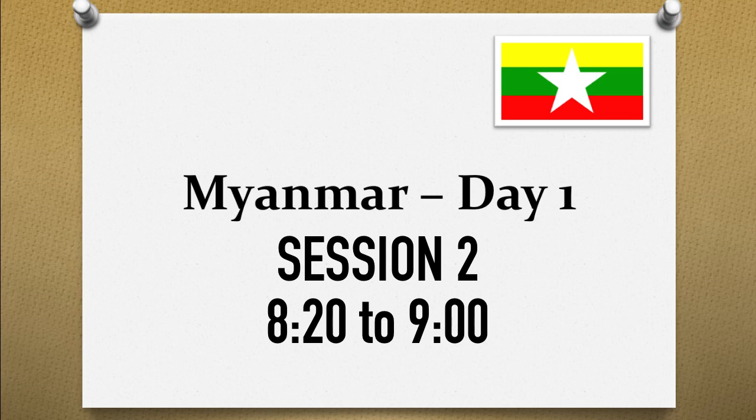Now, this narrative reading comes from your ebook, the PDF ebook that I have sent you. It's in the Google Classroom under Resources. Please open the Myanmar, and you will notice that I have highlighted certain parts with yellow.